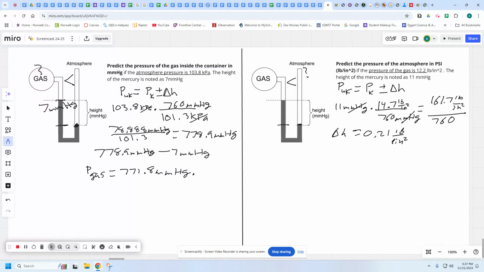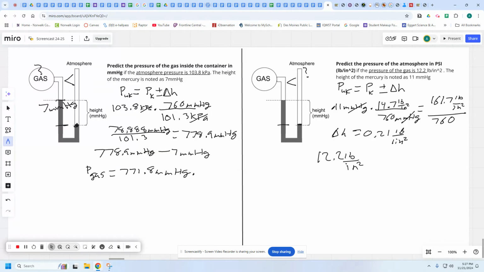Now that I've got my change in height, or the change in pressure, in pounds for every square inch, and my pressure of the gas in pounds per square inch, I can now make a decision conceptually about whether I'm adding or subtracting them to get the atmospheric pressure. So I know that the gas pressure given in the problem was 12.2 pounds for every inch squared.